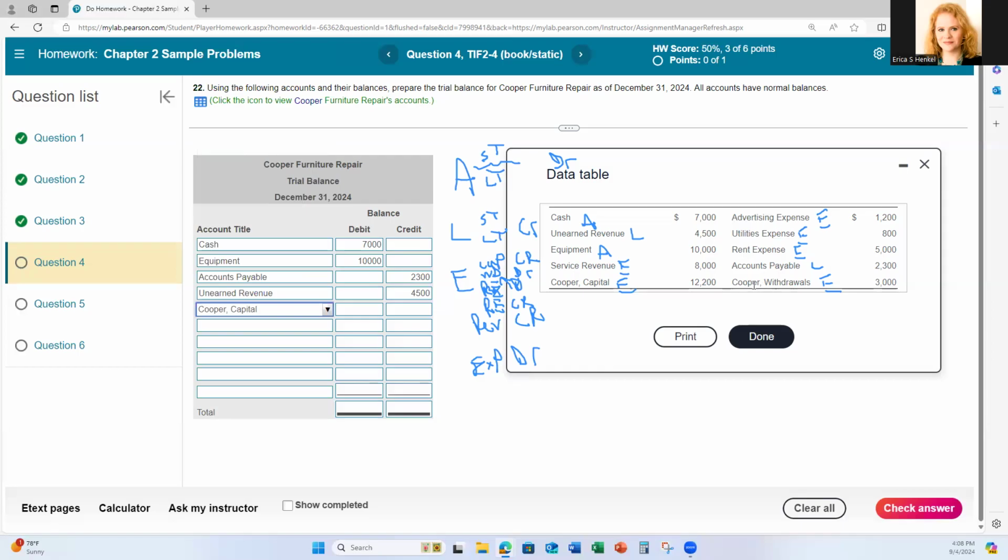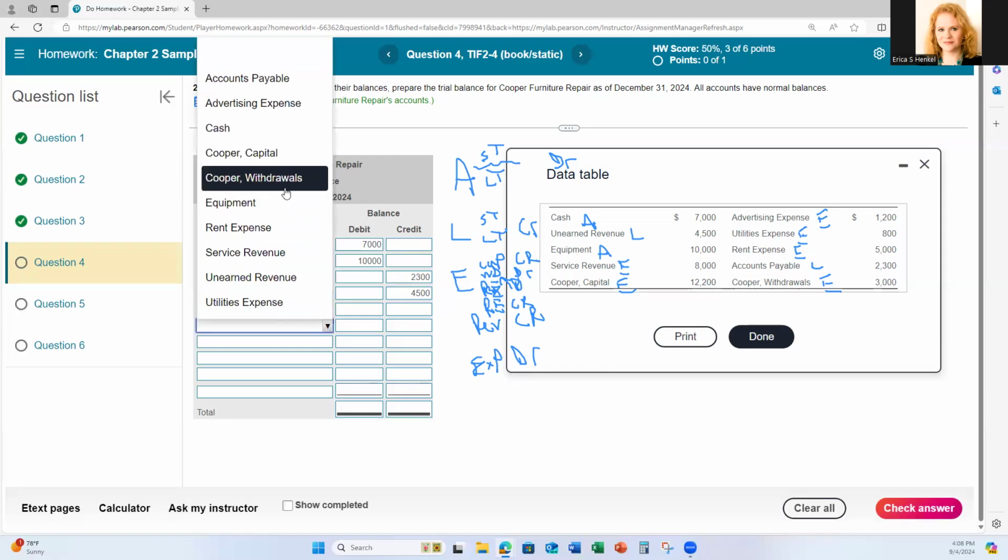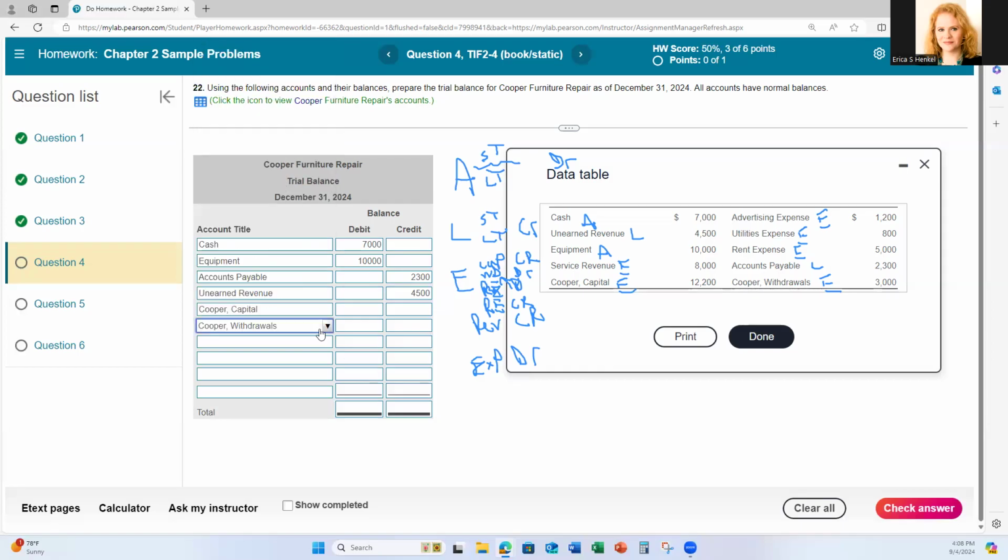And then we've got Cooper withdrawals there that I see. So this increases equity, so it's going to have a credit balance for the Cooper Capital. And then the withdrawal reduces equity, so that's going to be the opposite direction. So we've got those two out of the way.